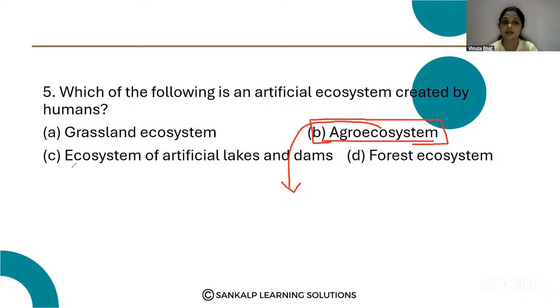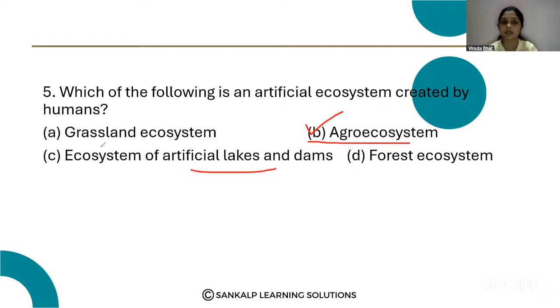But if you consider the ecosystem of artificial lakes and dams, the dams are constructed across the river, so they are just constructed, but the resources and the remaining organisms are present naturally in that water. So if you compare both the options, the most suitable answer is agroecosystem.